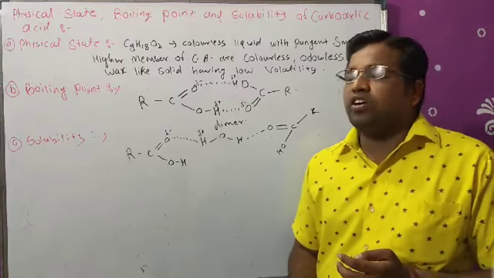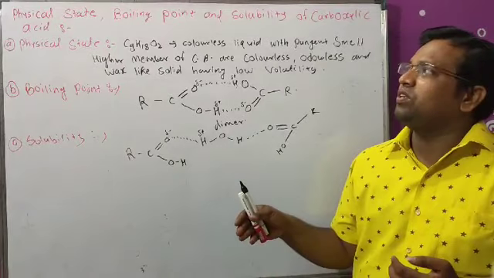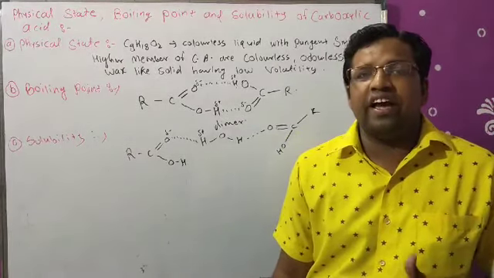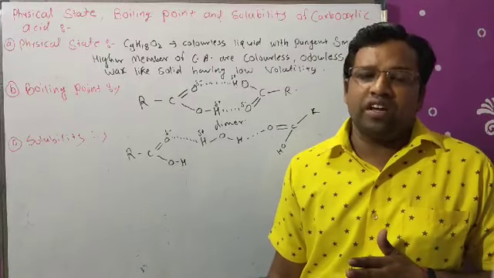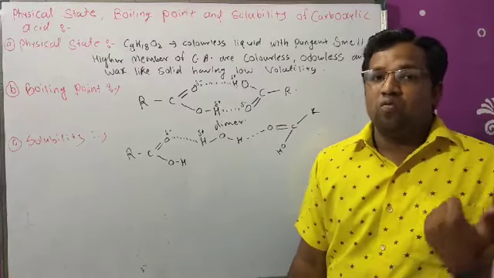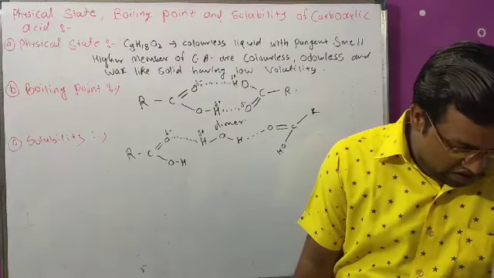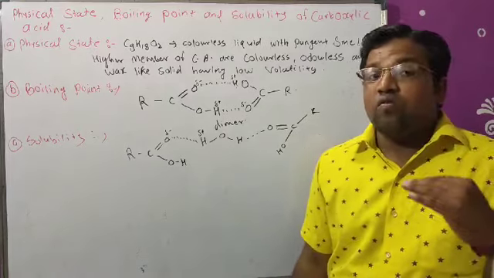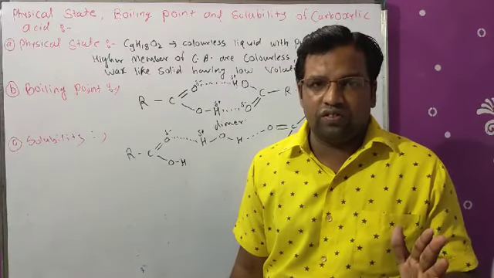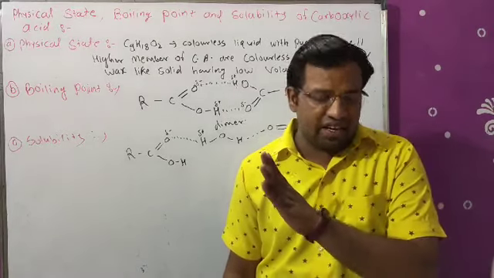Okay. Next point, that is some other points of the carboxylic acid. We know about formic acid and acetic acid. Formic acid and acetic acid are heavier than water molecules. Okay. Heavier than water molecules. While all other carboxylic acids are lighter than water.